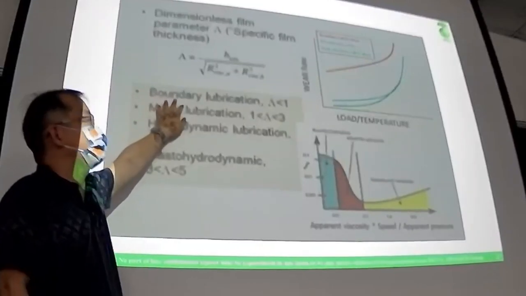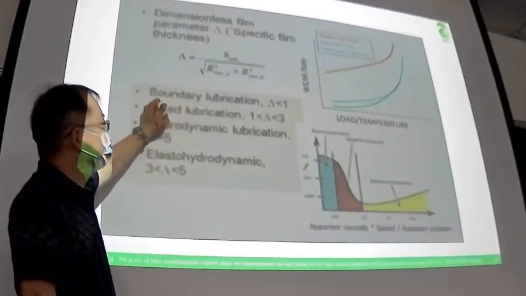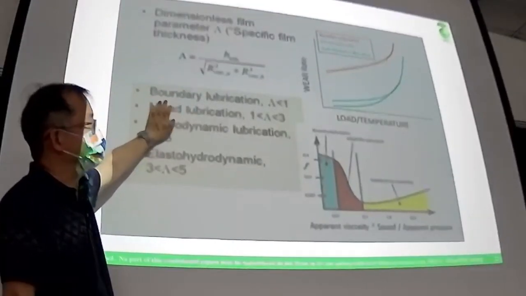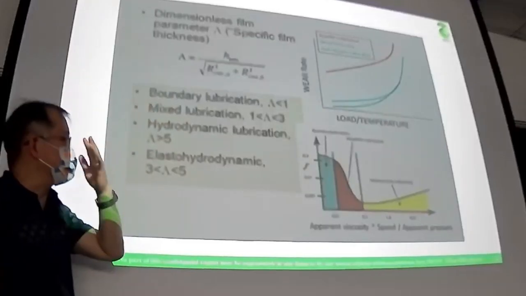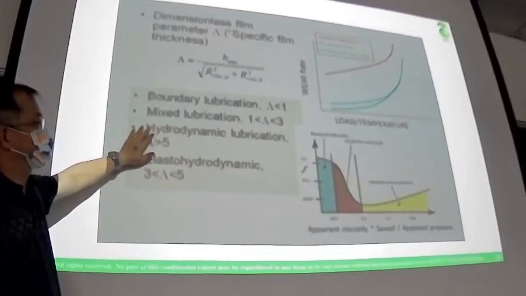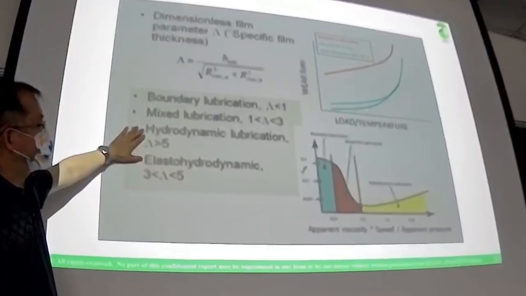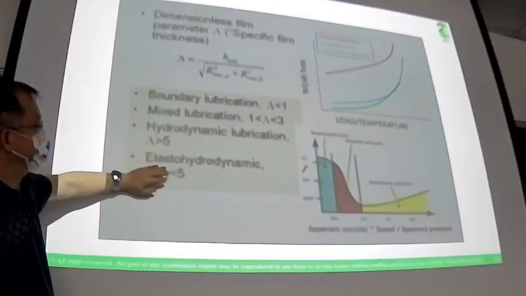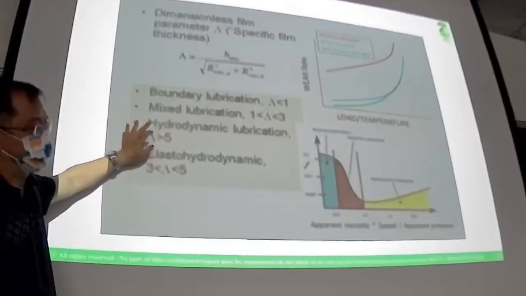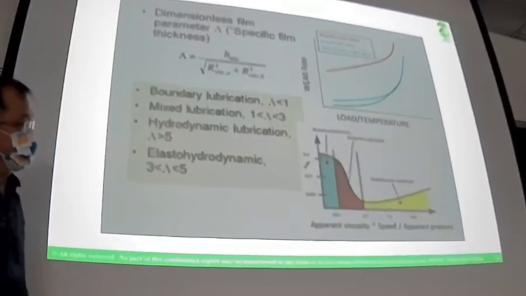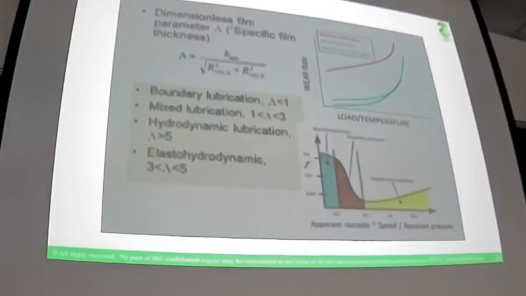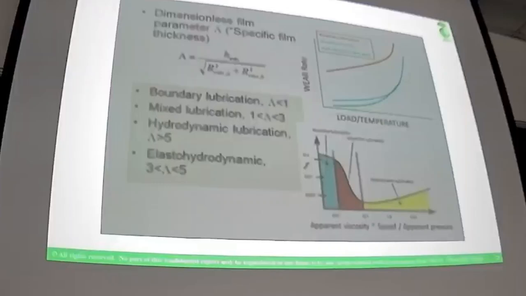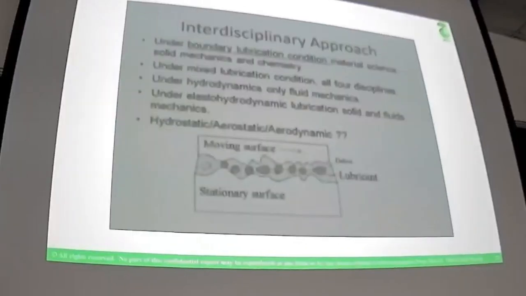This one is boundary lubrication. The second one is mixed lubrication. And the third one is called electrohydrodynamic lubrication. In this case, we have four different categories.